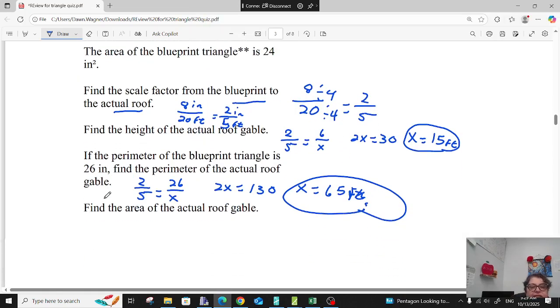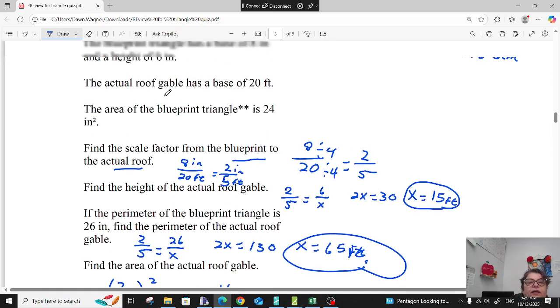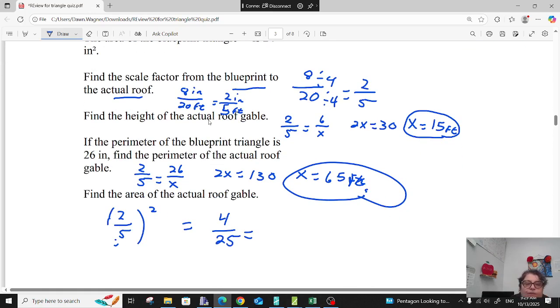Okay, now it says find the area of the actual roof gable. So what do we do to 2/5 before we can use it? You would square it, which is equal to 4 over 25. And then what's the area of the blueprint? 24.